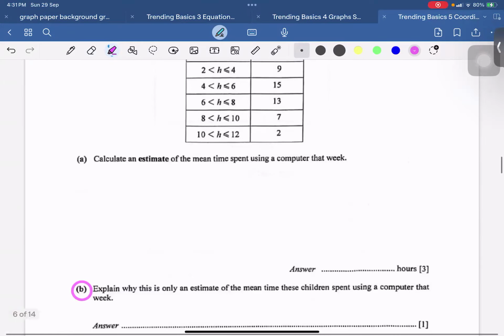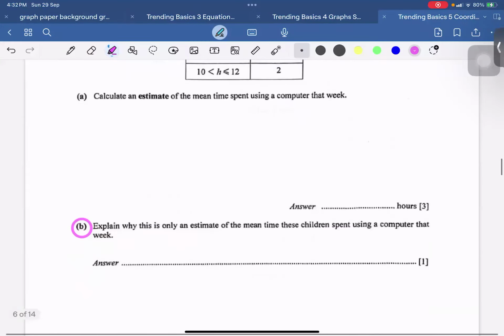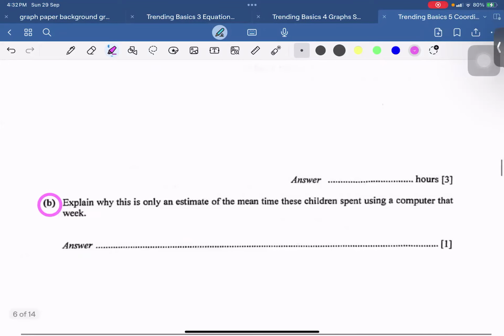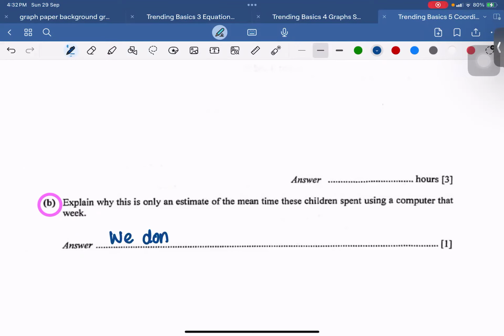Then next one, this one also estimated mean. But I want to explain this question. Do you know the answer? Why is it an estimate? Why not the actual, why not the exact? No raw data. Yes, we do not have the raw data. But some teachers feel that just writing we do not have the raw data is good enough. But I always like to answer the question, why are we estimating the mean?